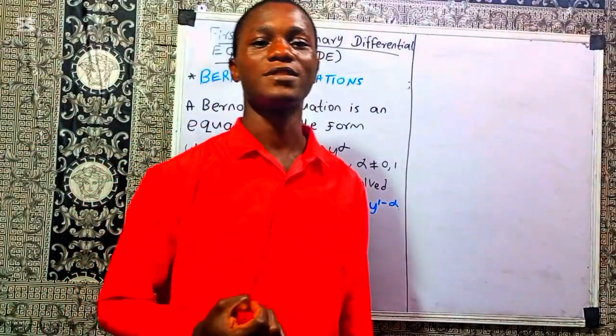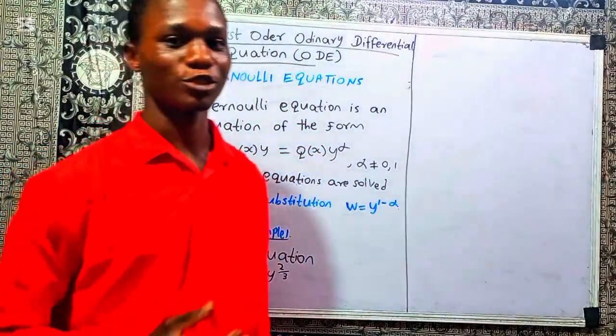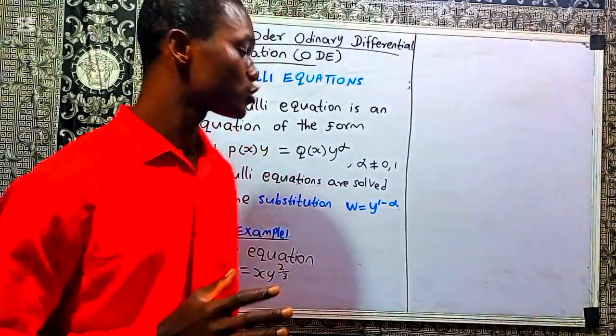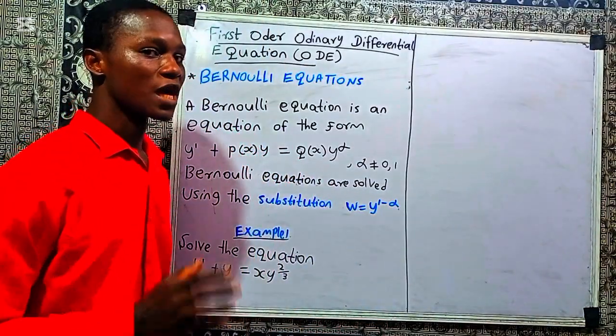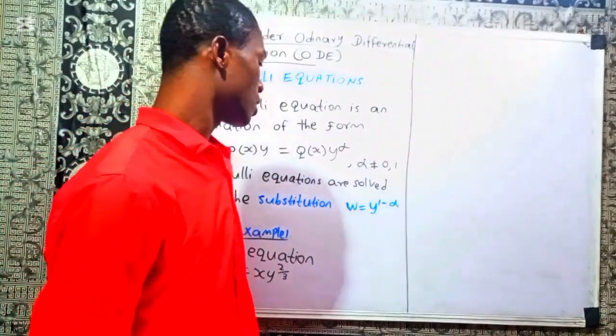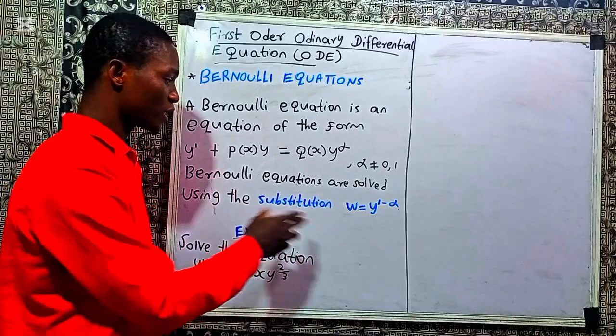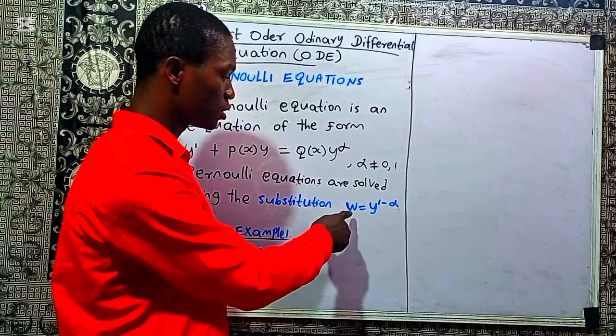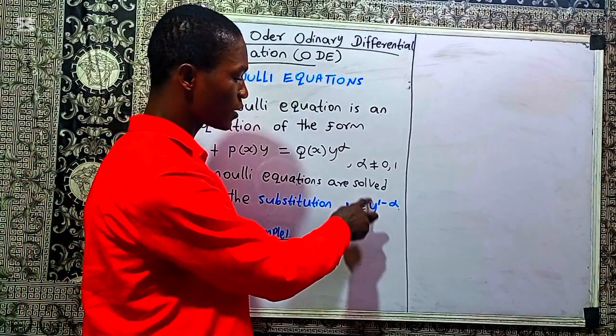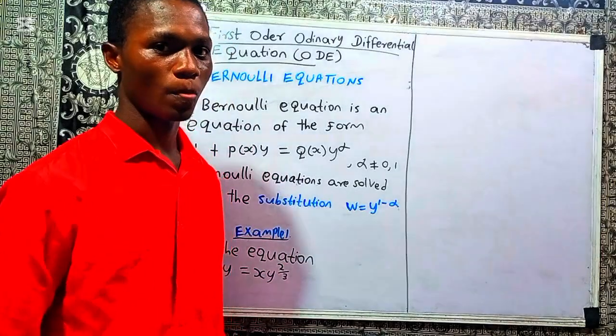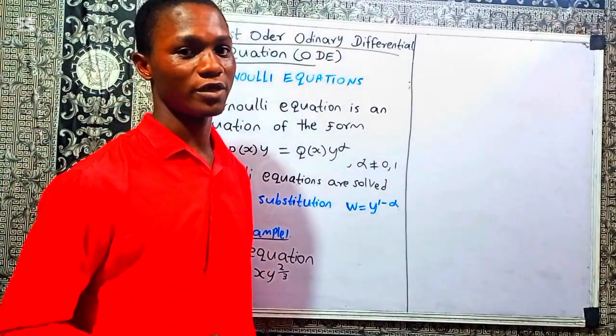The question now is how do I solve a Bernoulli equation? A Bernoulli equation is given to me, I want to solve it. How do I solve it? We use an appropriate substitution. We can use the substitution w equals y raised to power 1 minus alpha. Now, this is just a change of variable.